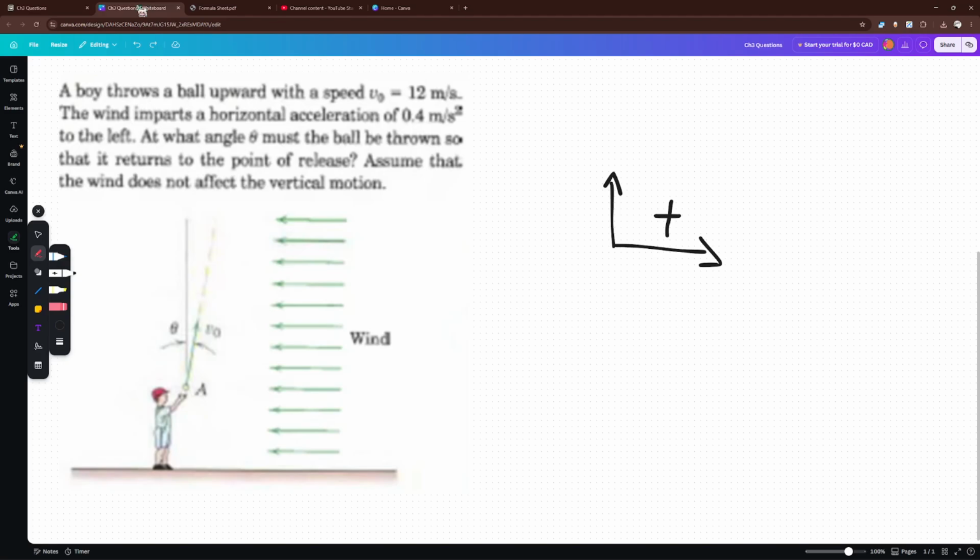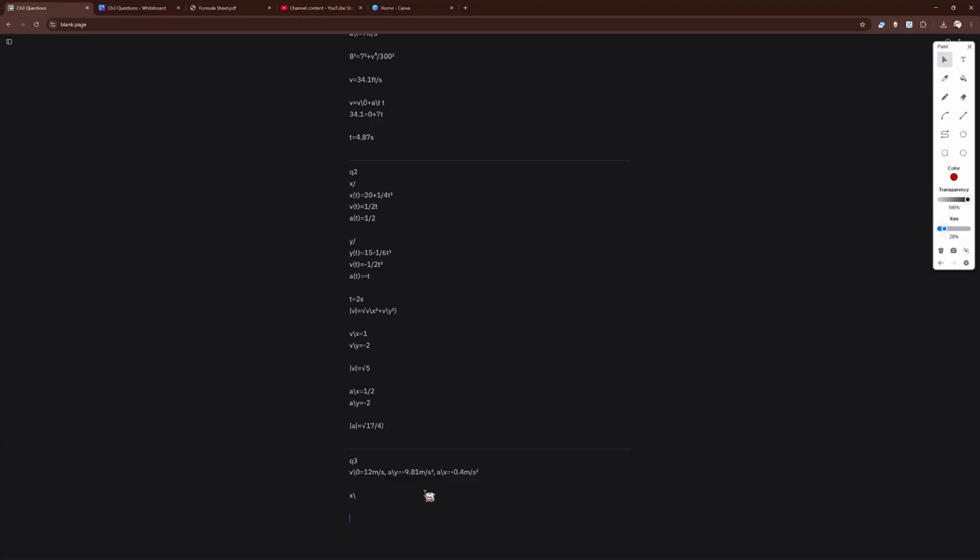And also v of x, if we look here, theta is defined like this. So if we make a triangle like this, we're going to have a sine term. So vx is going to be 12 because that's the velocity. 12 sine theta, right?